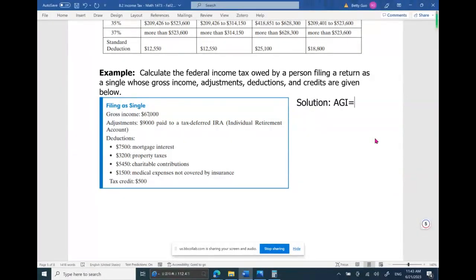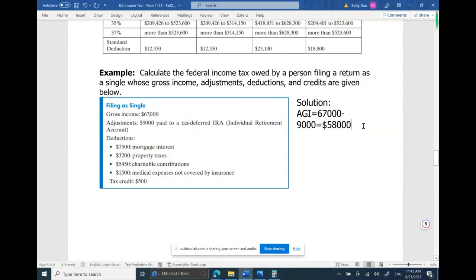So AGI for this person is $67,000 minus $9,000. 67 minus 9, that is $58,000. That's the AGI.